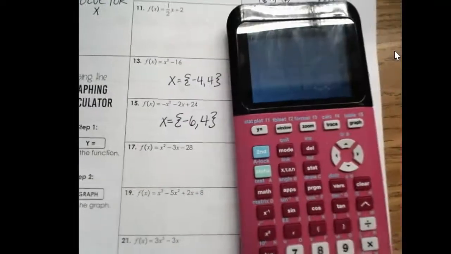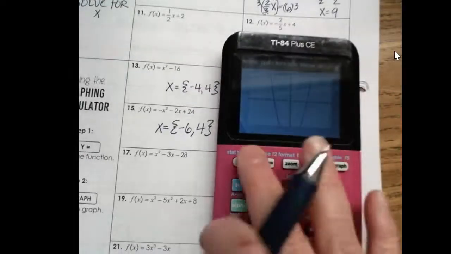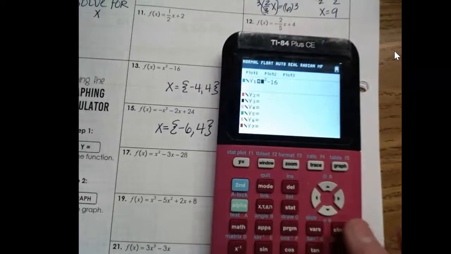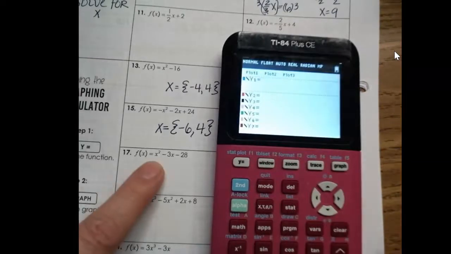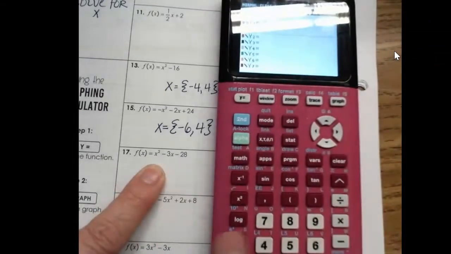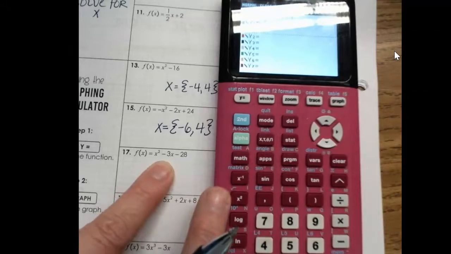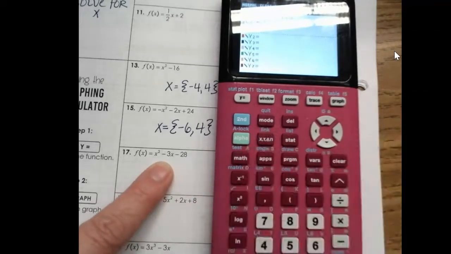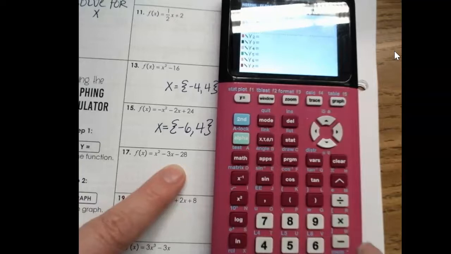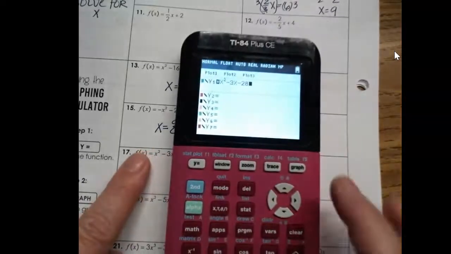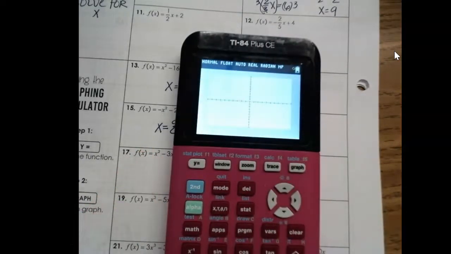So let's try 17. I'll go in for my y equals. I'll clear out what's already there. I have x. My squared button is right here. That's a little hard to see. Squared, minus 3x minus 28. And then hit your graph button.